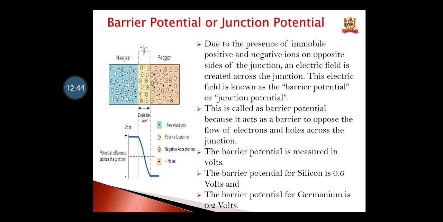Now in the next slide we will try to understand, after the construction of the diode and the depletion region, how we are going to connect the power supply or the voltages across the diode so that we can use it for any application.